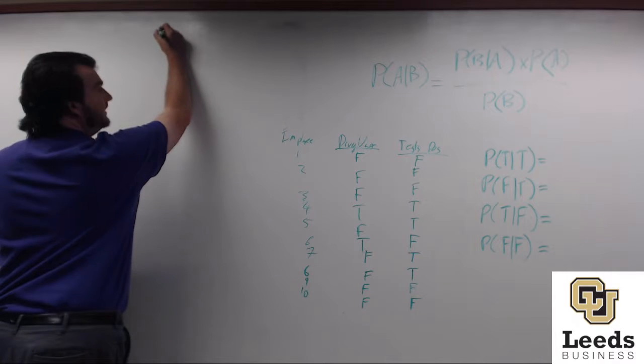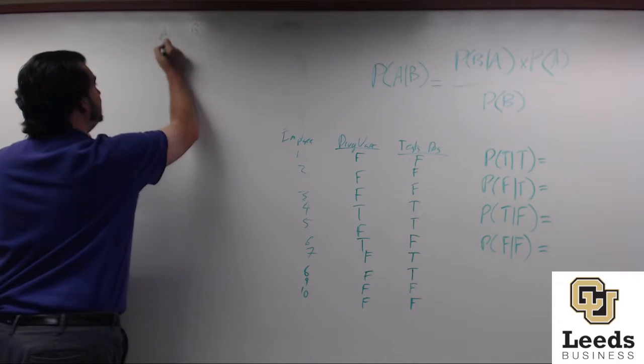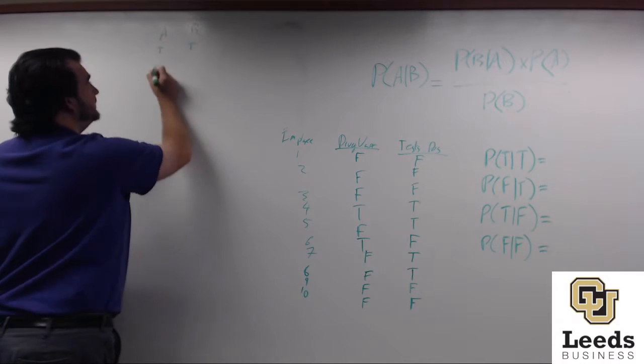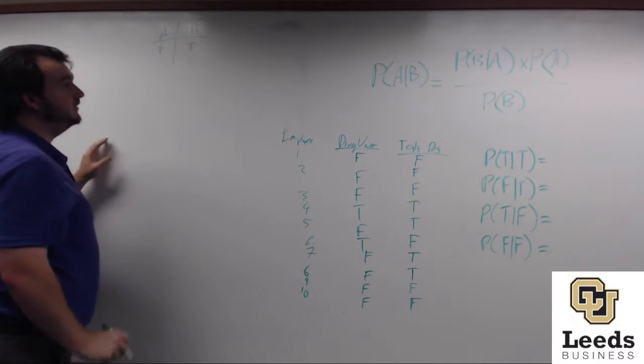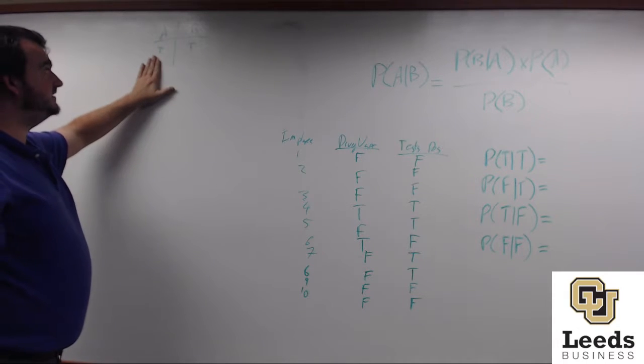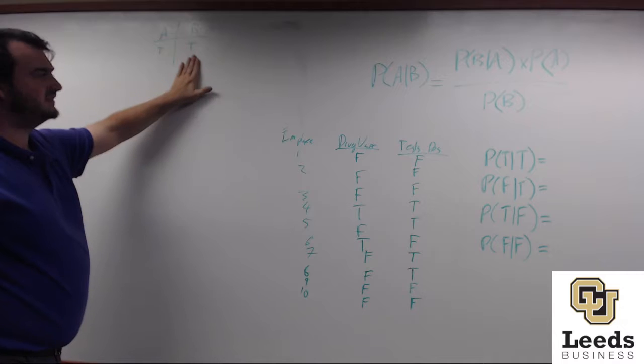So our first case, we have A and B are both true. So A is the person is actually a drug user, and B is the test says they're a drug user.